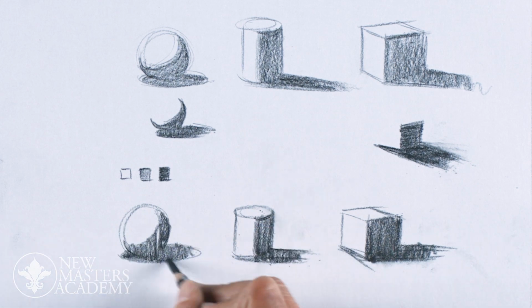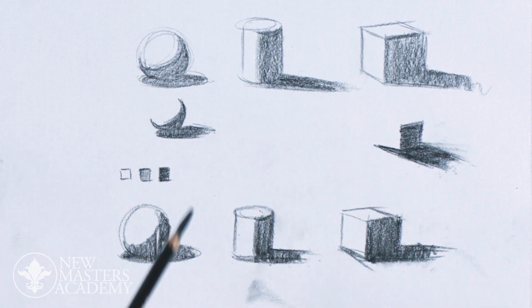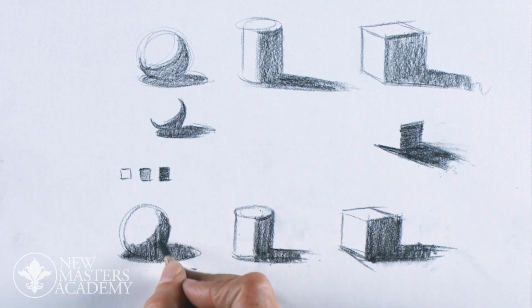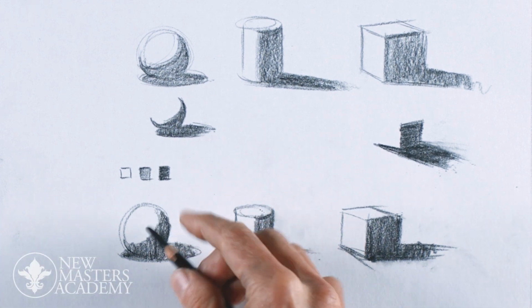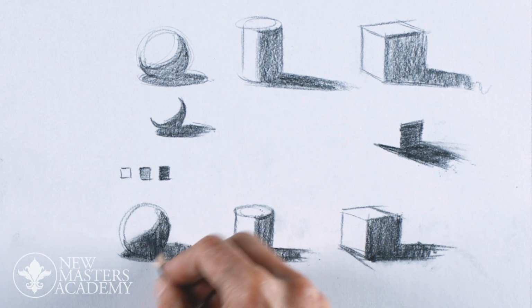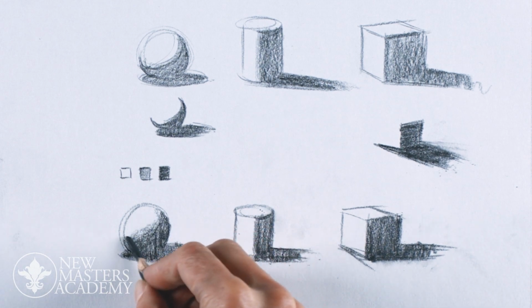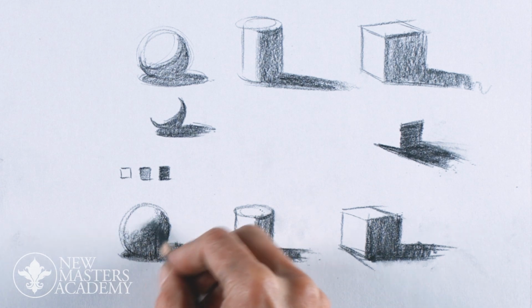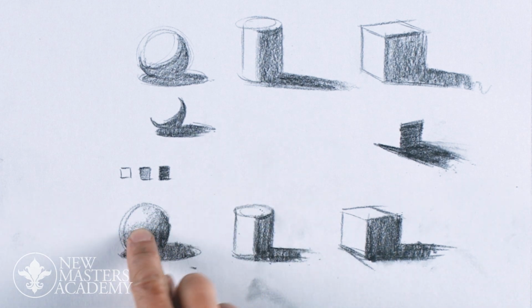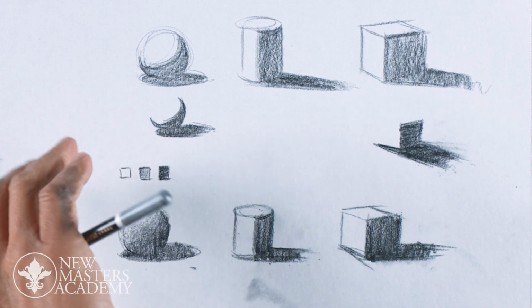Now halftone, to me halftone is, remember we said halfway between shadow and light, and that's one way we can think about it. We can use halftone to lead the viewer into the light, to make our drawing come into the light, our form come into the light.